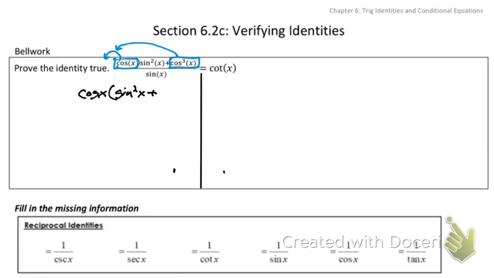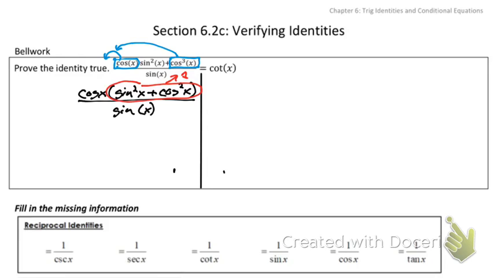Plus, I pulled cosine x out of here, so we're left with cosine squared x all over sine x. Well, sine squared plus cosine squared, I hope by now you recognize equals 1.